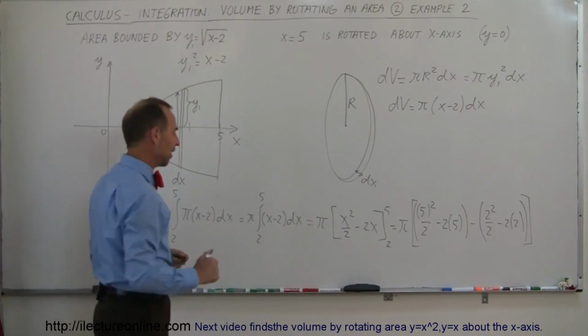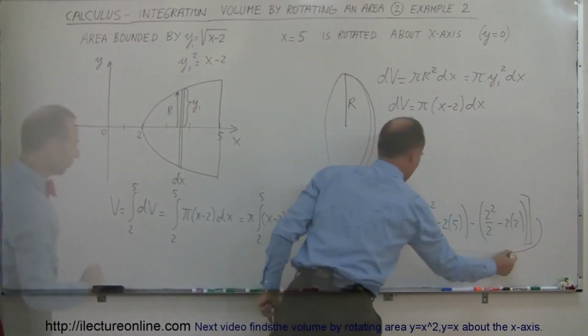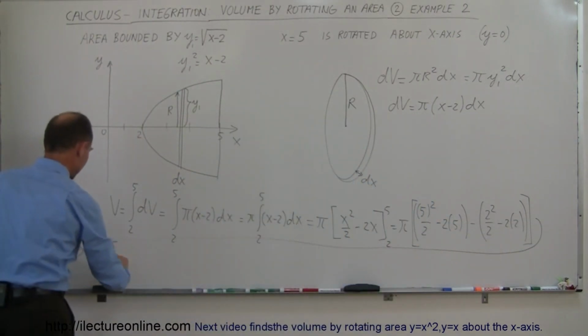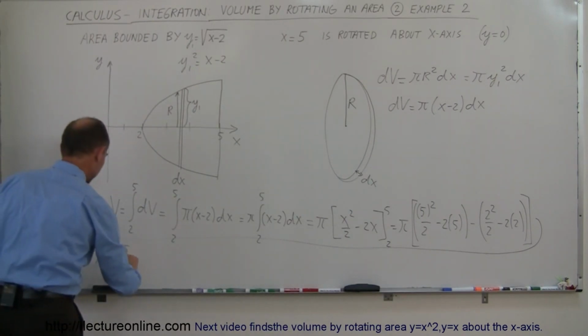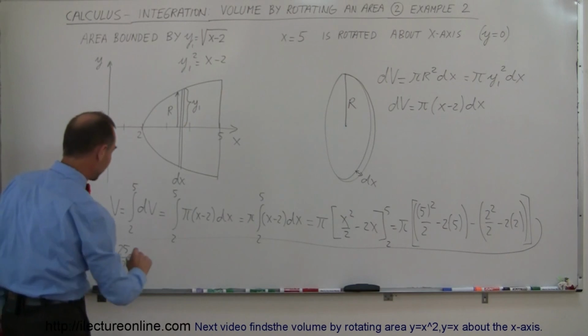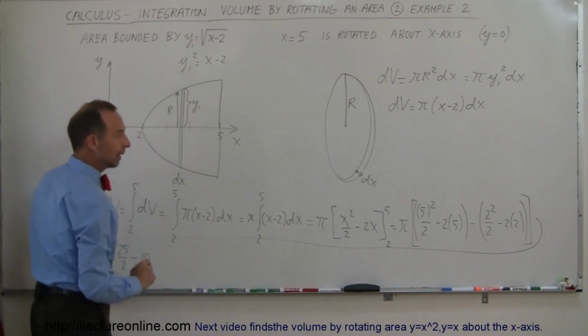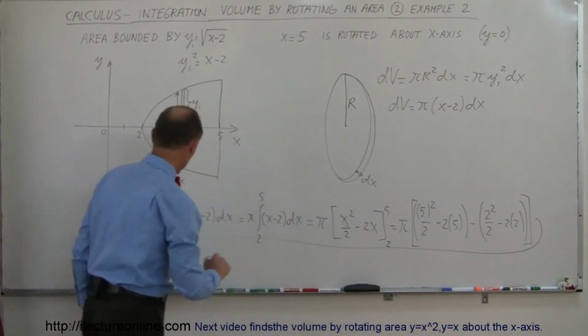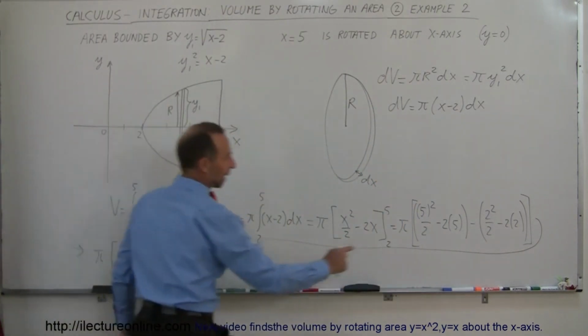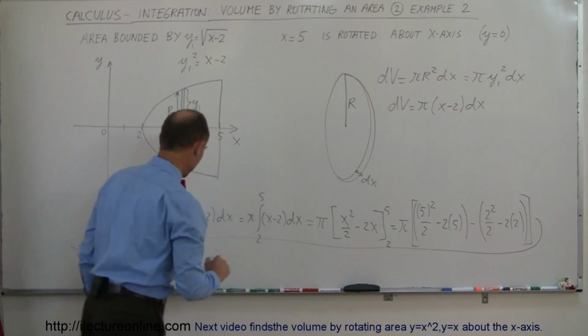So now I need to simplify. So let me come over here. So we get pi times 25 divided by 2 minus 2 times 5, which is 10. And I have minus 4 over 2, which is 2, so minus 2. And a minus times a minus makes that a plus, plus 4.